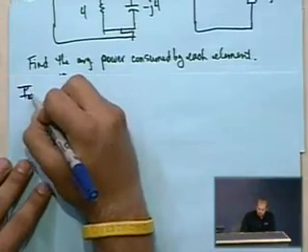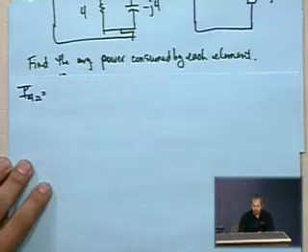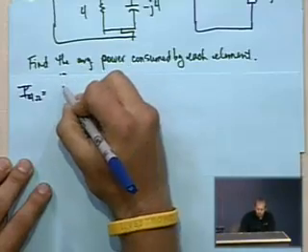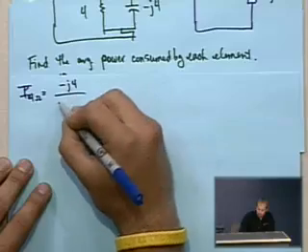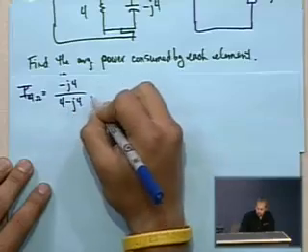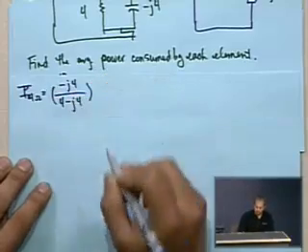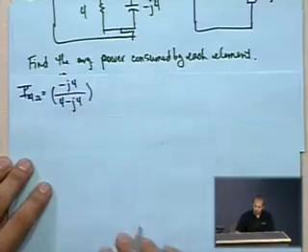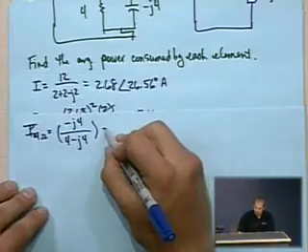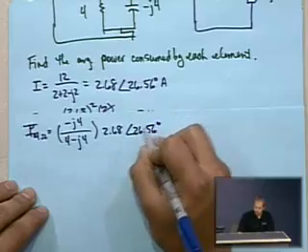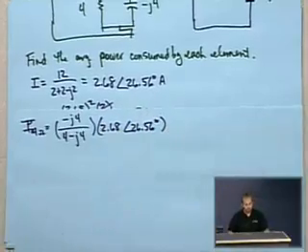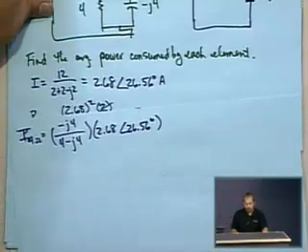The current in the 4 ohm resistor is just current division: we use the other impedance, negative j4, over the total impedance, 4 minus j4, times the source current, which we calculated already was 2.68 at an angle of 26.56 degrees. Plug all that in.